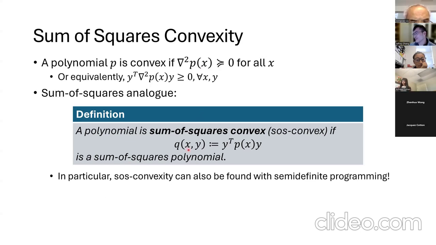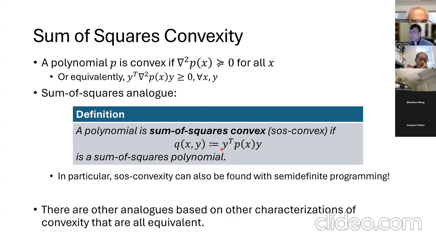Telling whether a polynomial is sum of squares convex reduces to deciding if a polynomial that you can write down is a sum of squares. So deciding SOS convexity is also something that we can do with a semidefinite program. I do want to mention that there are other analogs of sum of squares convexity that are all equivalent.